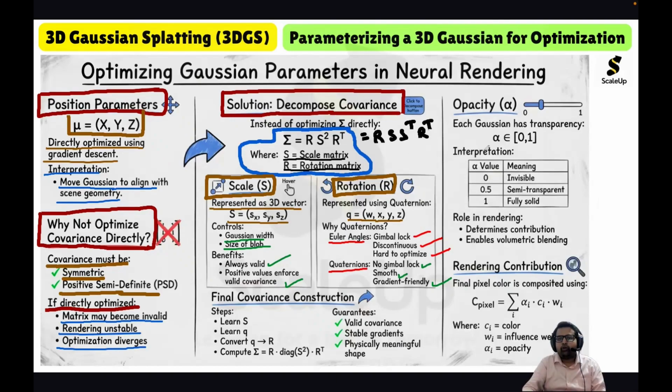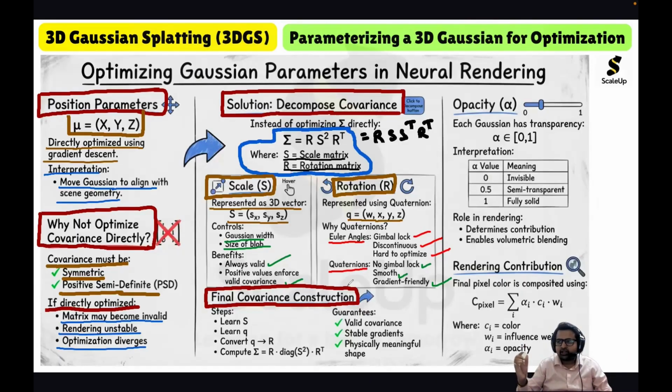And how we will be optimizing the covariance, let us look at that also. Now, what is the meaning of optimizing the covariance? It's very clear that we will start with some random values of covariance for the 3D Gaussians. It means all the millions of 3D Gaussians will have different shape, different size and different orientation, and the rendered image will be very different from the real image.